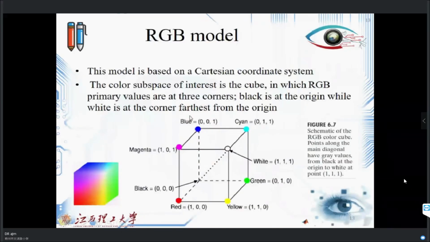If we want to look more closely at this RGB model, it is based on the Cartesian coordinate system. We can assume the red one as 1, 0, 0 for the RGB, which means the value of R is equal to 1. On the other corner, we have the green, represented by 0, 1, 0.